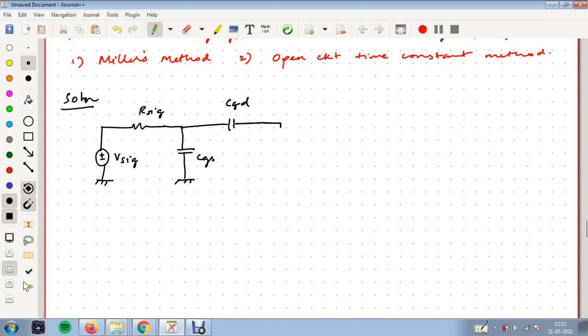Always draw the diagram so that you understand. Then gm VGS, then RL prime. Here I'll tell you what RL prime is, and here you have CL prime.